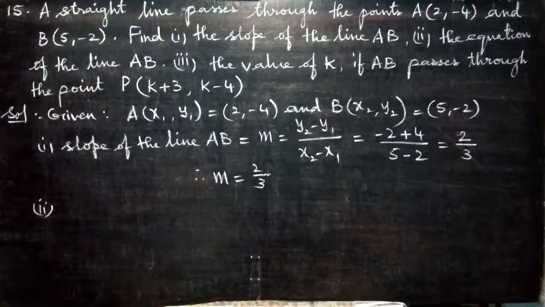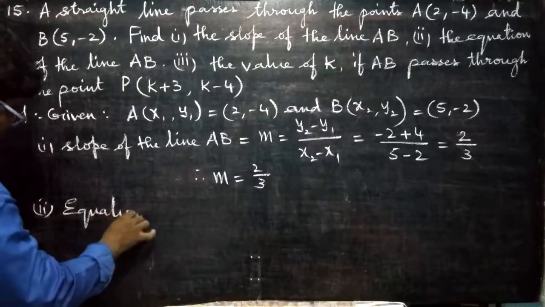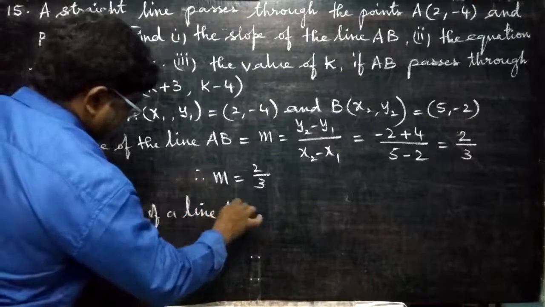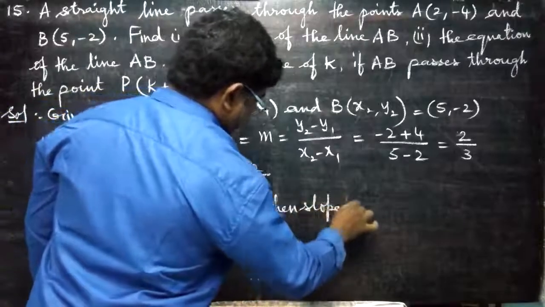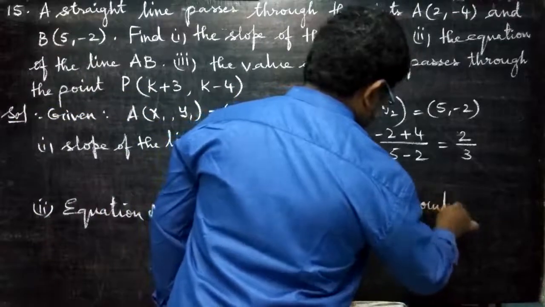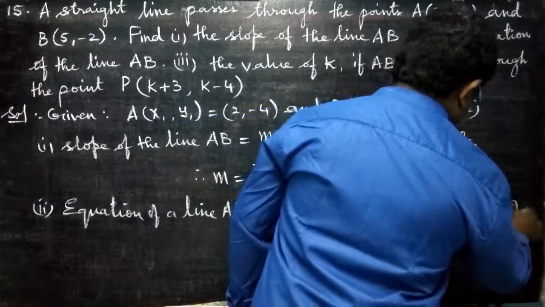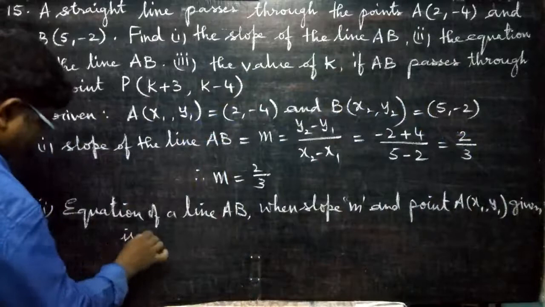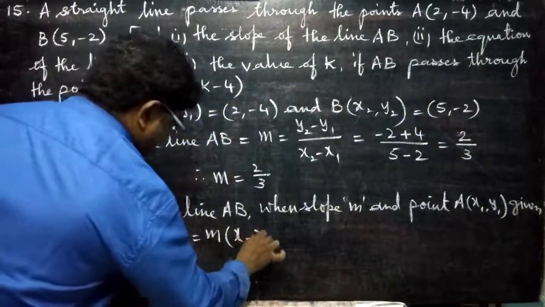Coming to the second bit. What is the second bit? Equation of a line AB. So equation of a line AB when slope M and a point A (x1, y1) are given, what is the formula? y minus y1 is equal to M into (x minus x1).